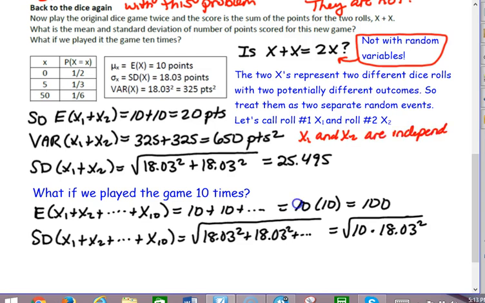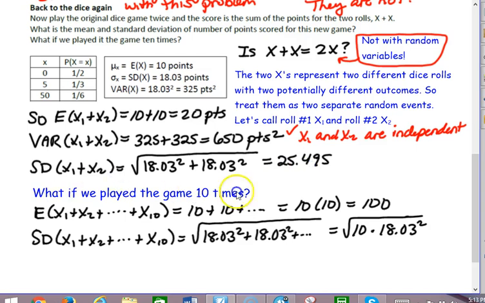So the standard deviation of X1 plus X2 is the square root of the standard deviation squared, which is, of course, the variance. We could have actually written 325 plus 325 here, since we already knew the variance. And that would be that same number we got before, 25.495.